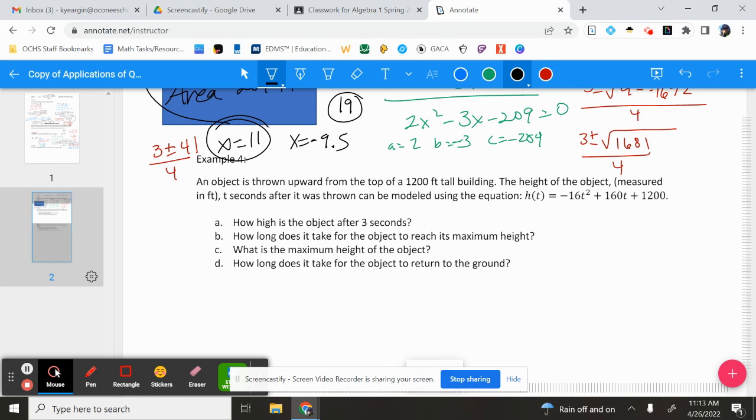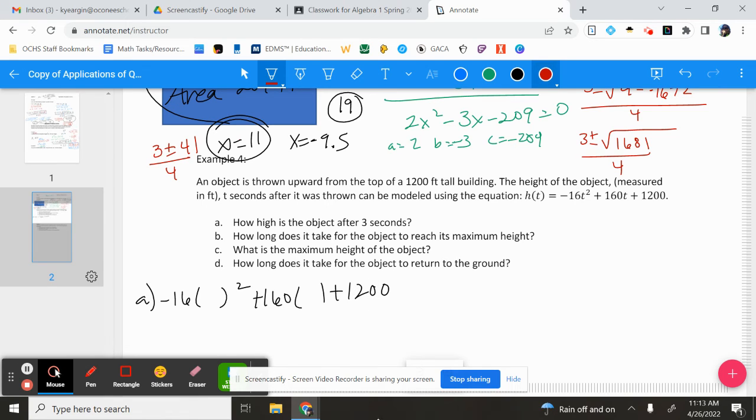For number 3, we have to make sure that we identify what these problems are asking. Okay, so first of all, how high is the object after 3 seconds? They've given me the time, so all I have to do for part A here is plug 3 in anywhere I see a t. So negative 16 t squared plus 160t plus 1200.